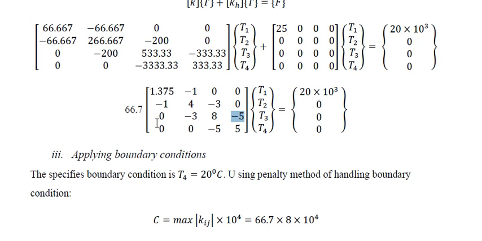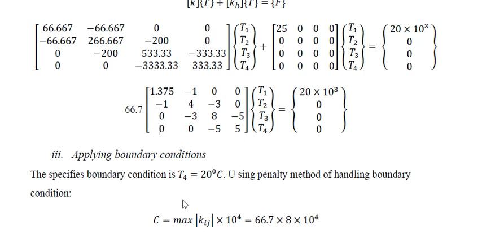For that, we should consider this row, and then we have to try to eliminate. But here in this problem, I will explain you about different approach, that is penalty method of boundary condition. In this problem, we will try to learn about penalty method of boundary condition.